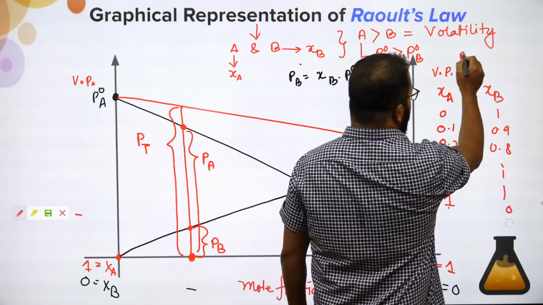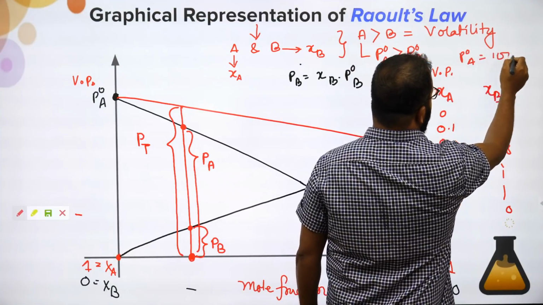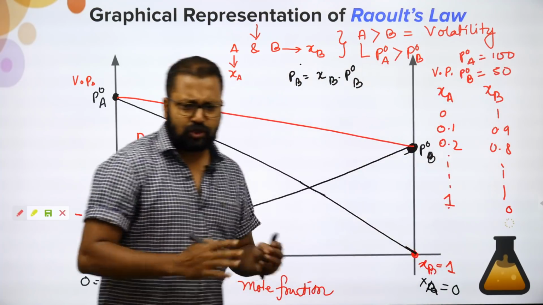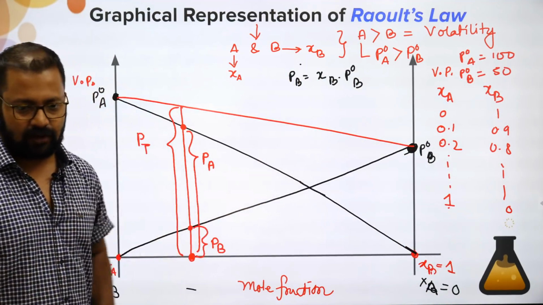Assume that P0 A is 100 and P0 B is 50. Assume that this is the scenario.